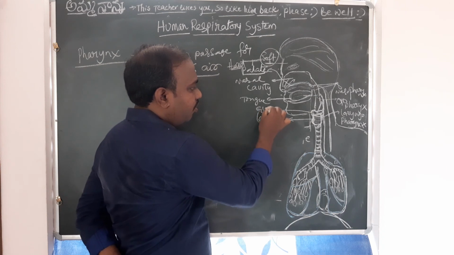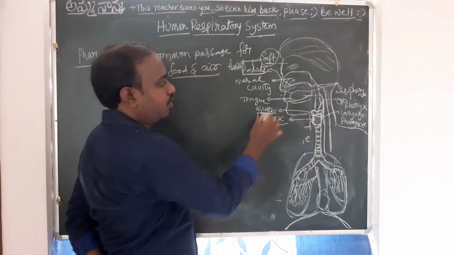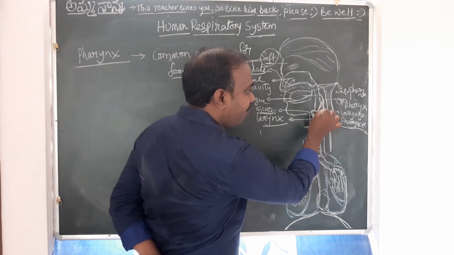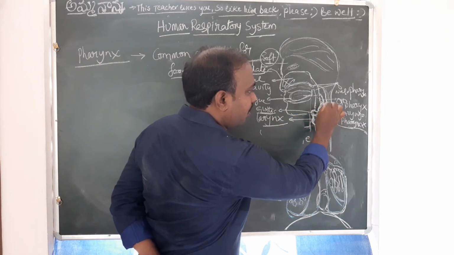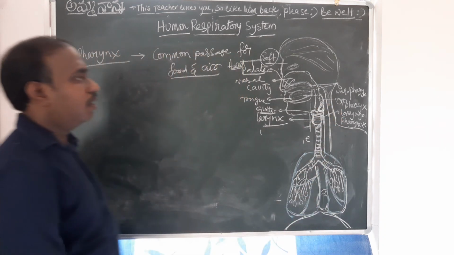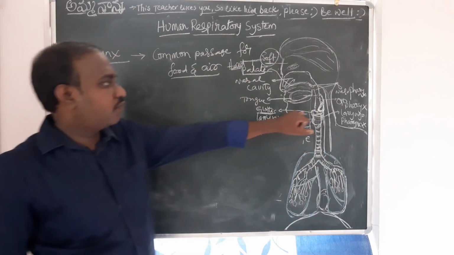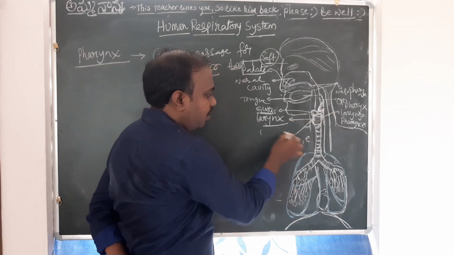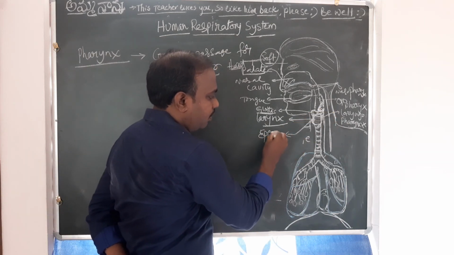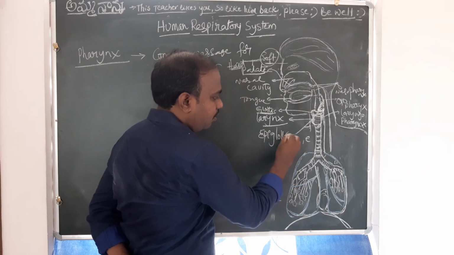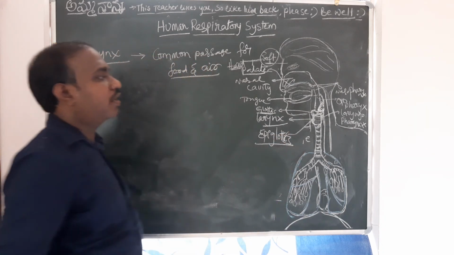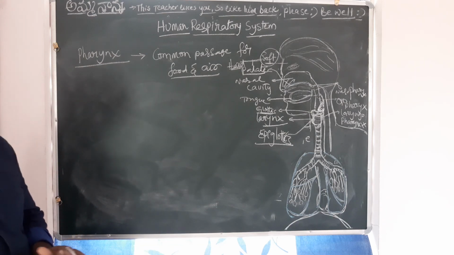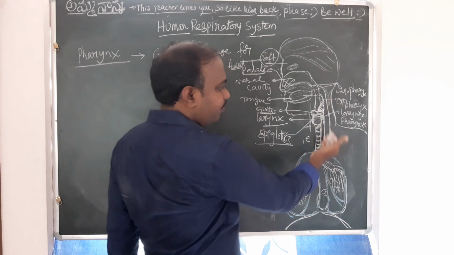Above this glottis, we have this flap of tissue. This flap of tissue is called the epiglottis.